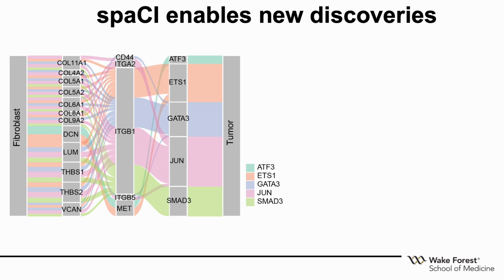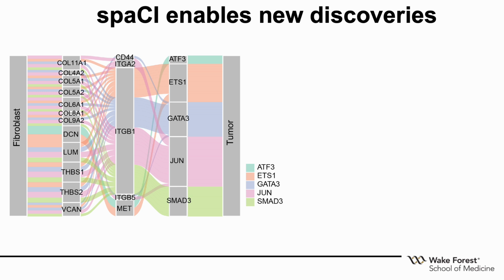Therefore, SPARCE was able to infer the potential upstream transcription factor of each ligand or receptor to facilitate the discovery of ligand receptor signaling activities. To achieve this, we collected the potential transcription factors of those tumor receptors and then SPARCE revealed the most possible upstream transcription factors of receptors within tumor cells that mediate the ligand receptor interactions between the fibroblasts and tumor cells.